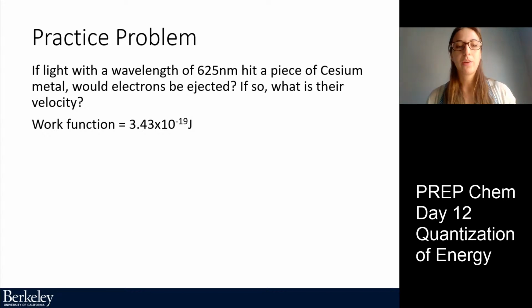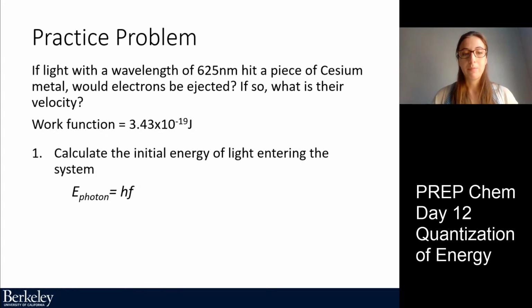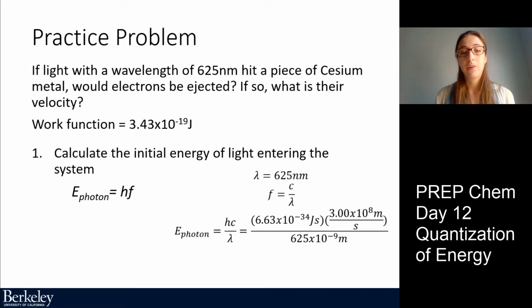Okay, great. So we'll go ahead and go over this example. Similar to before, our first step would be determining the energy of the incoming photons. We would do this by using Planck's equation. And again, this time we have been given the wavelength of light and not the frequency. So first, we would want to write frequency in terms of the speed of light and wavelength, and then we substitute that equation into our equation for energy of photons.